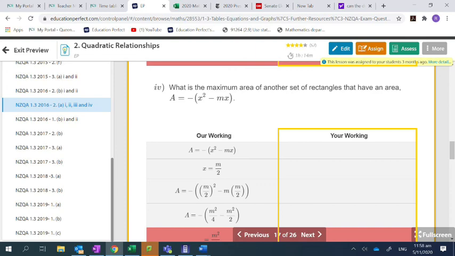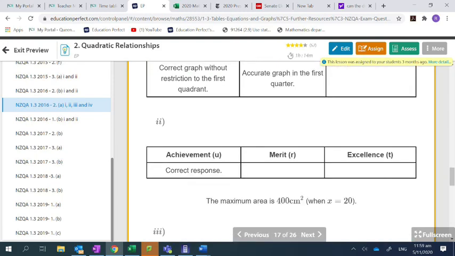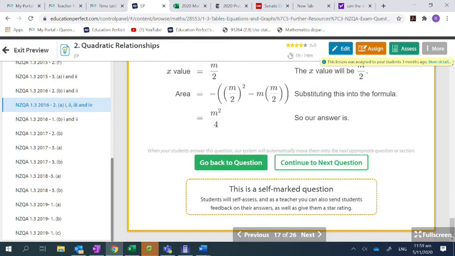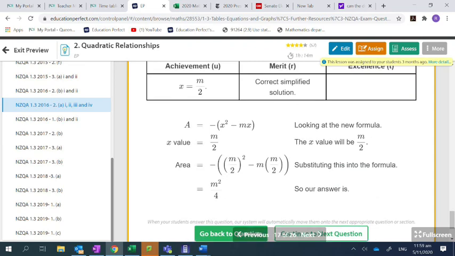All they're doing is taking this bit, factoring it, and solving. Let me show you the work. So you just solve it for x. Solving it for x just means get the x by itself.